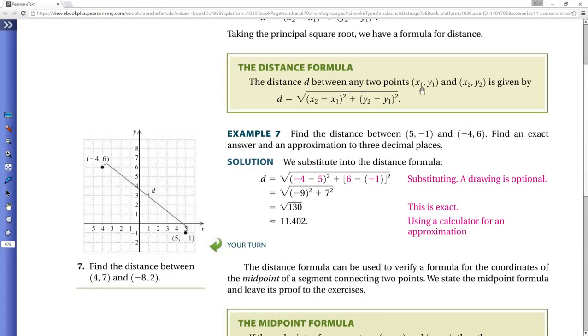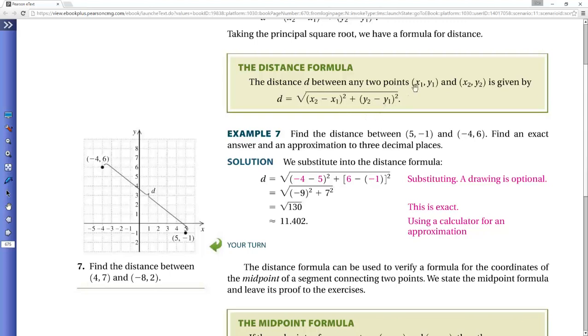So if I know the coordinates of these 2 points and I want to find the distance between those two, I take the x coordinate from the second point minus the x coordinate of the first point and square that, right? And then I add it to the y coordinate of the second point minus the first point y coordinate, and then square that. Add those together, take the square root.